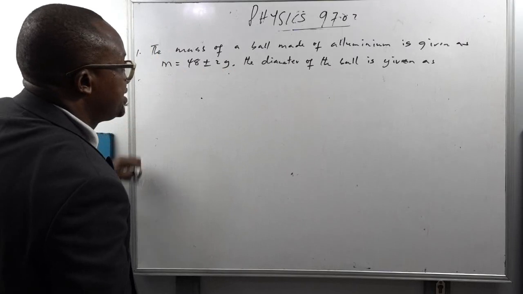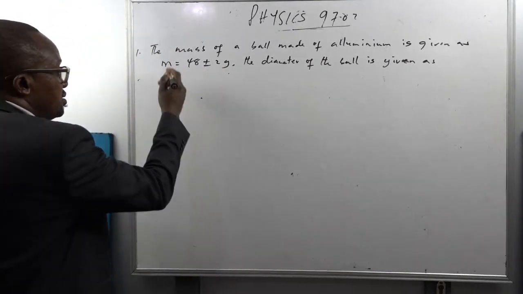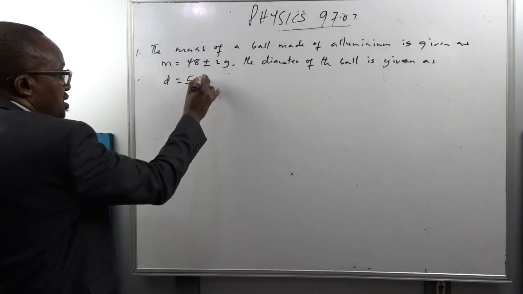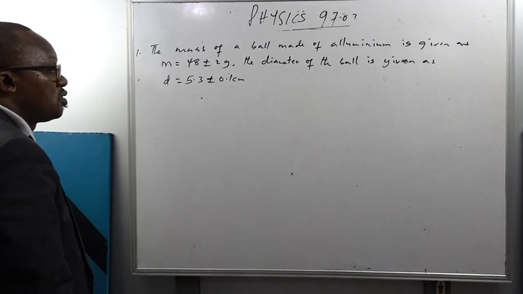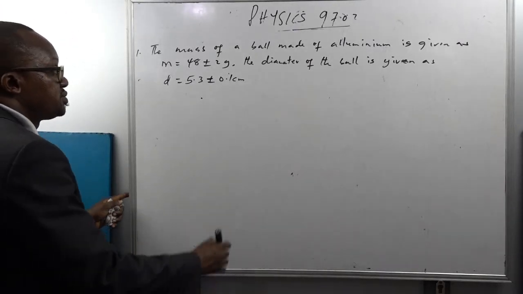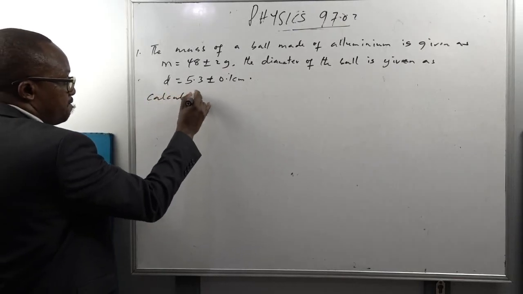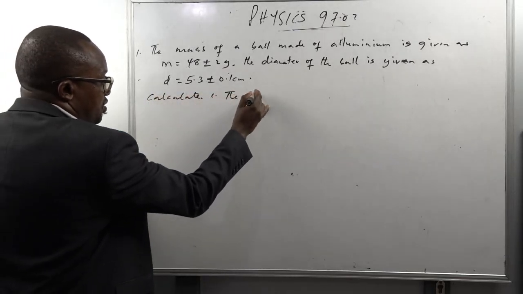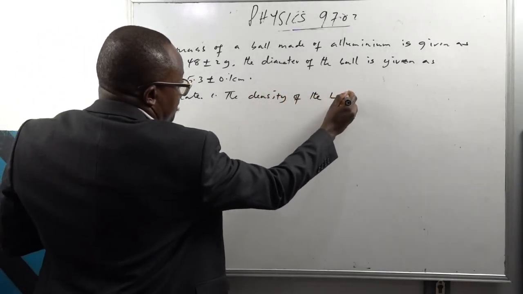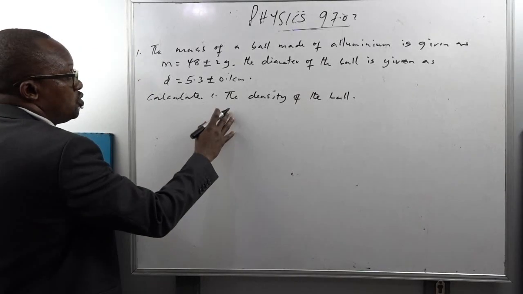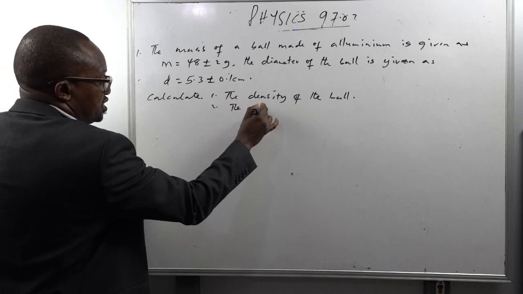So let's work with the same 5.3 plus or minus 0.1 centimeters. Question: calculate the density of the ball and the absolute uncertainty of the density.